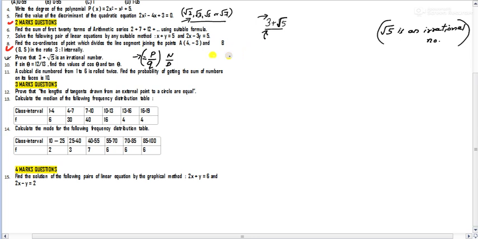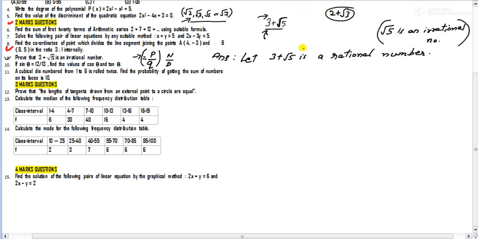We are going to assume. I am writing the answer now. We will assume, let 3 plus root 5 be a rational number. This is how you have to start. If they had given 2 plus root 3, all the steps remain the same.